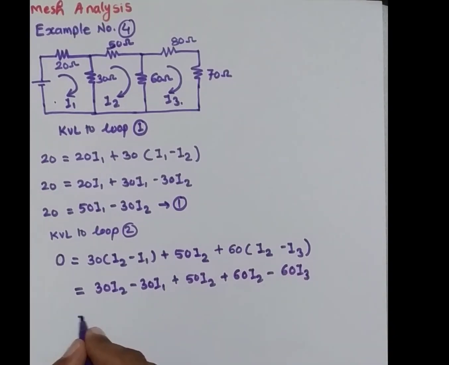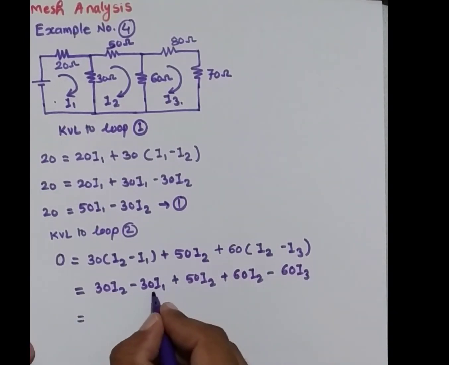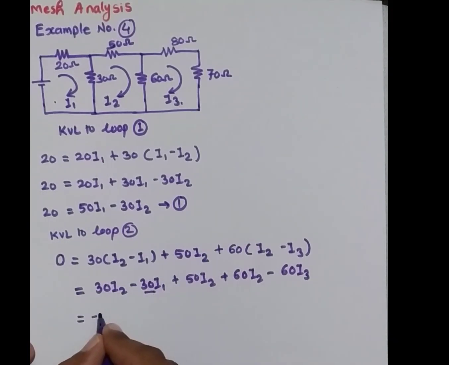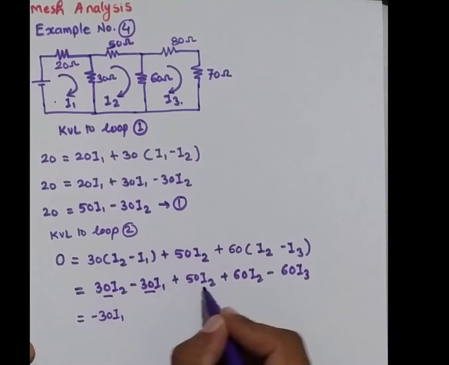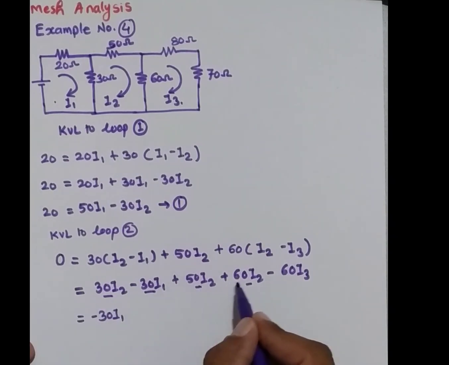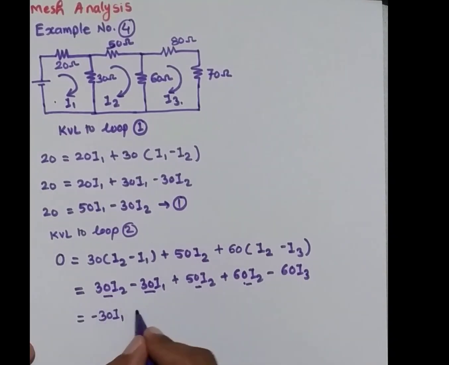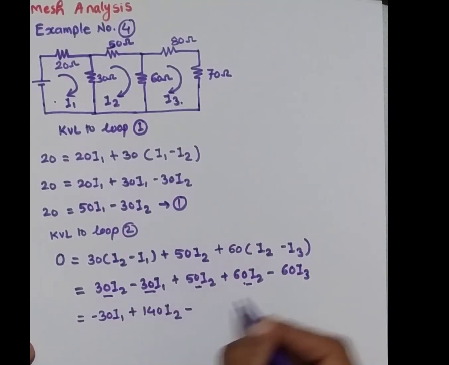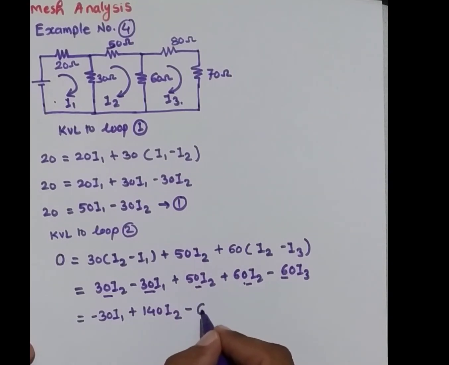Rearrange the equation after addition. 30 I1 will be coming at this position. Let us add I2 terms together. 50 plus 60 is 110, added with 30 it is going to become 140 I2, and the remaining is 60 I3.